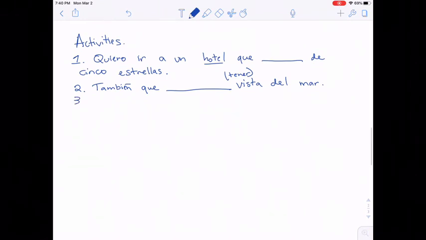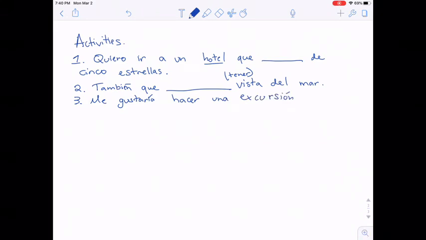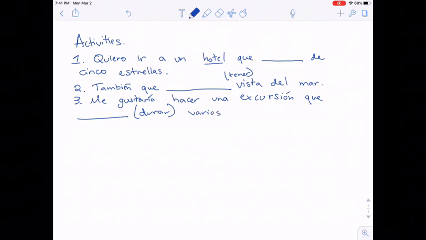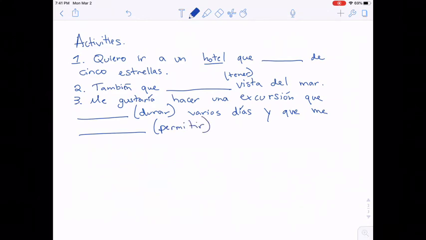Number 3, me gustaría hacer una excursión que durar varios días y que me permitir ver el famoso lago Nicaragua.